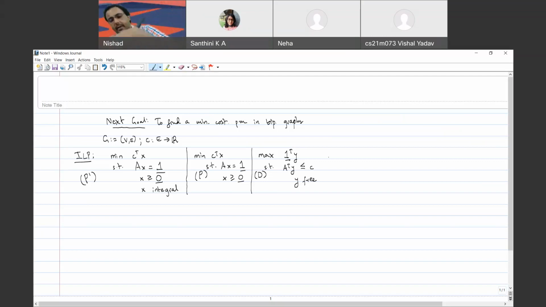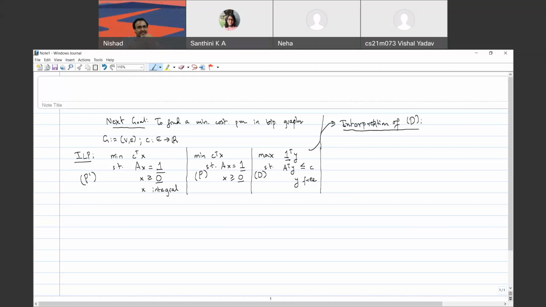Okay. So let us try to understand what the dual is trying to do, right? So an interpretation of the dual. Okay, so what is a dual? How can I look at a dual feasible solution?